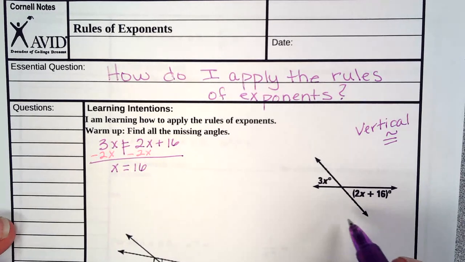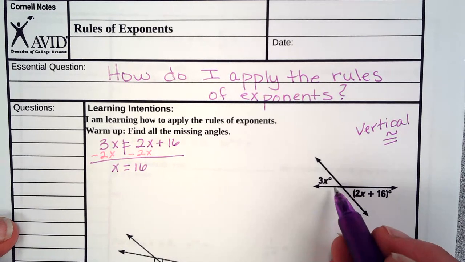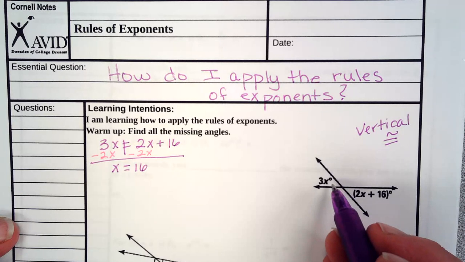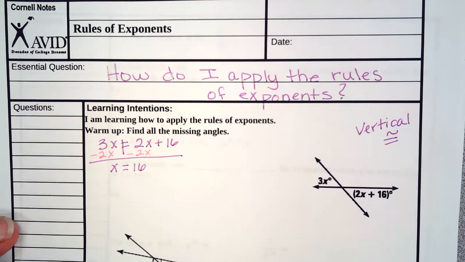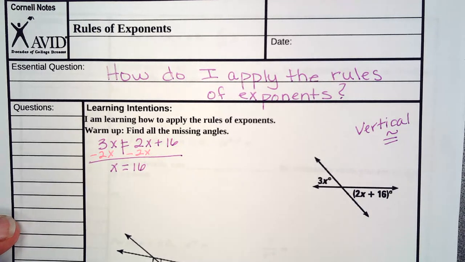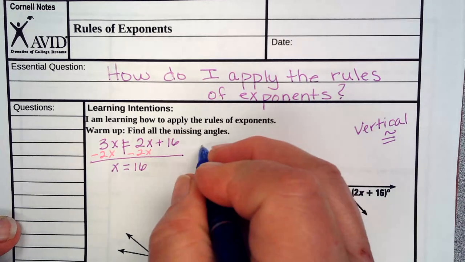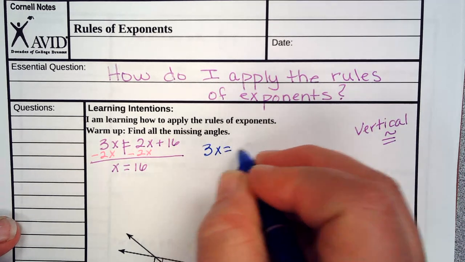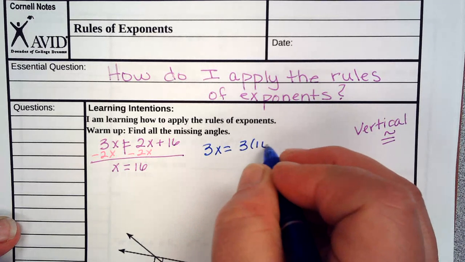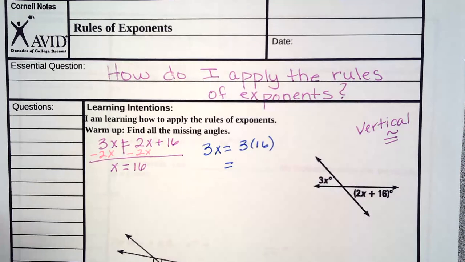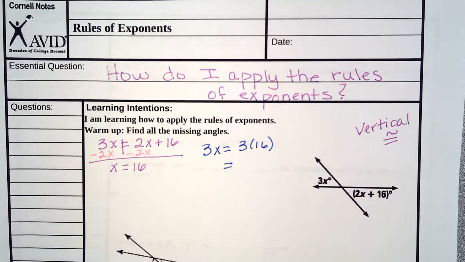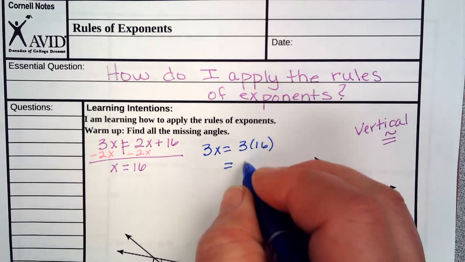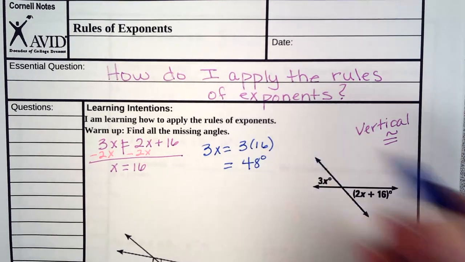So how do I use that? Well, I have to put it into one of the two expressions. I think I will use 3x. So I've got 3x, but that really means 3 times 16. So that would be 30 plus 18, that would be 48. And that would be degrees.